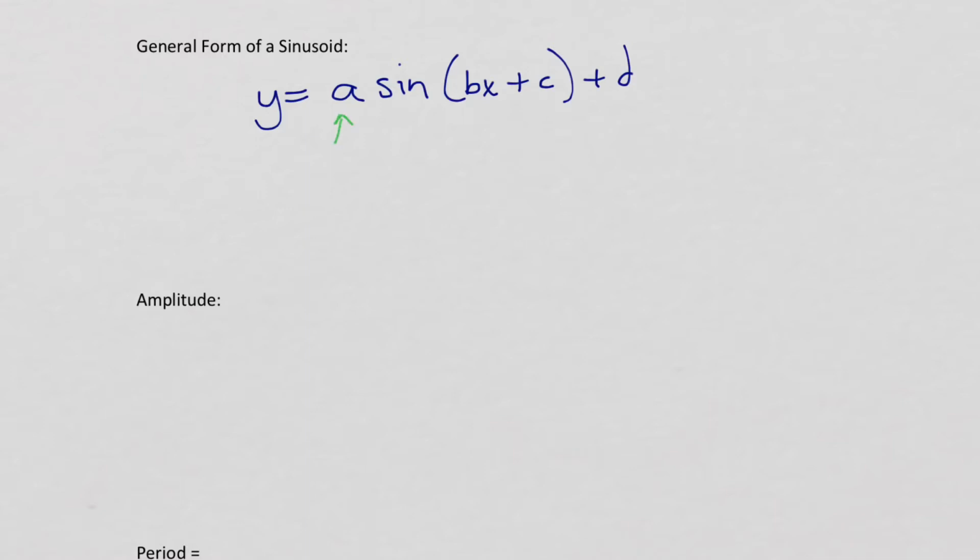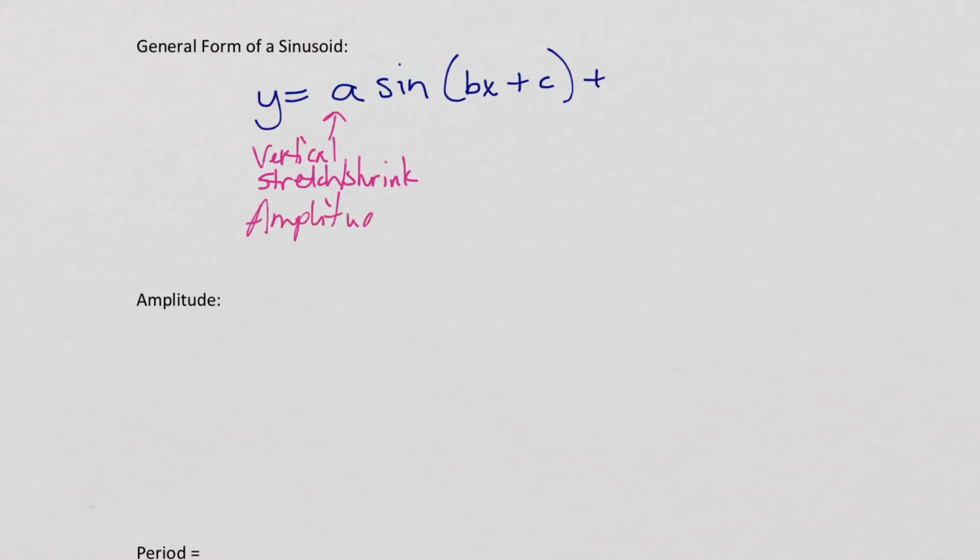A, which is also known to us, let's use a different color here. A is our vertical stretch or shrink, but it is called the amplitude. And amplitude is our big word of the day for that, amplitude.